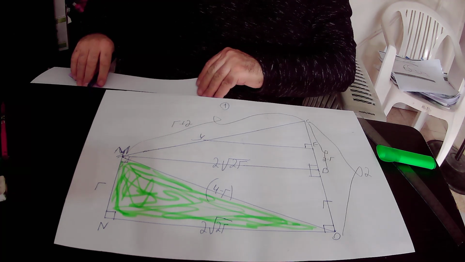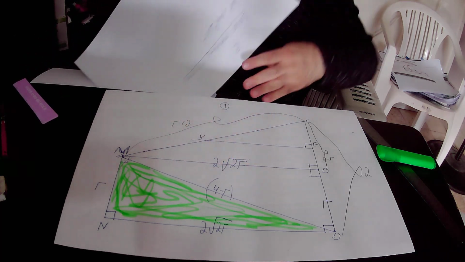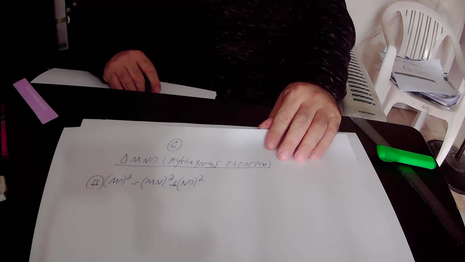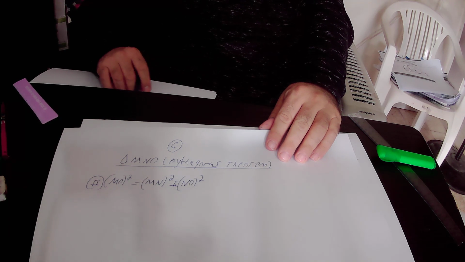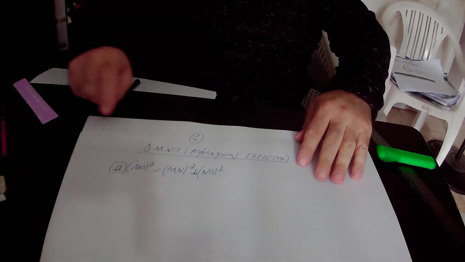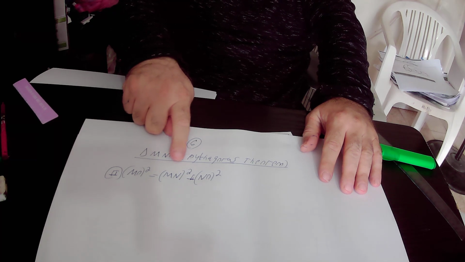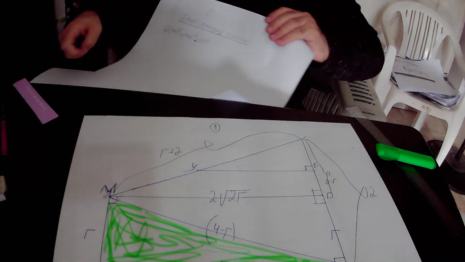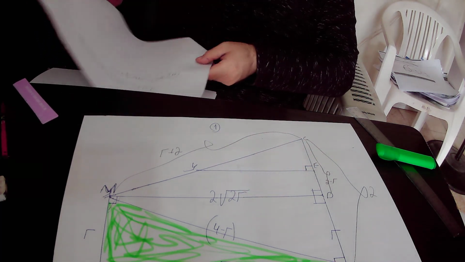I will repeat again. In the right triangle MNO, the green triangle, according to the Pythagoras theorem, the square of the hypotenuse equals the sum of the squares of the perpendiculars. The hypotenuse is MO, therefore MO square equals MN square plus NO square. But what is the value of MO? The value of MO is 4 minus r.